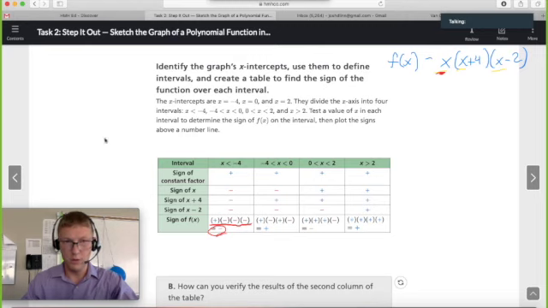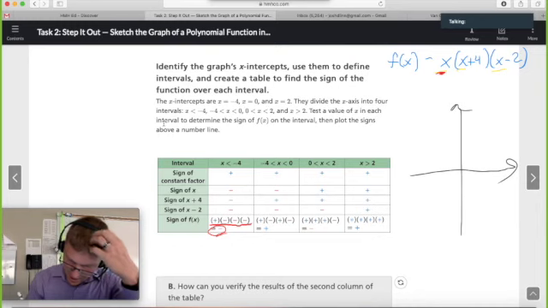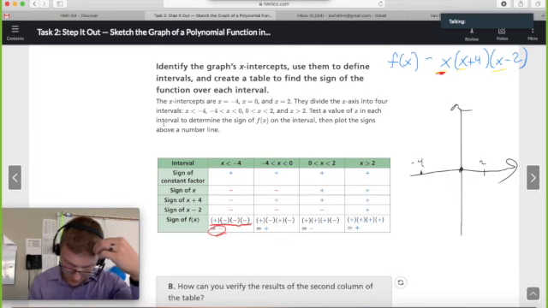So that means that if we were to start graphing this, let's see here. So we've got negative 4 over here. So it's below the x-axis. Let's get all of mine on there. Negative 4, 0, 2, and that's it. Okay. So it's going to be negative on this side.